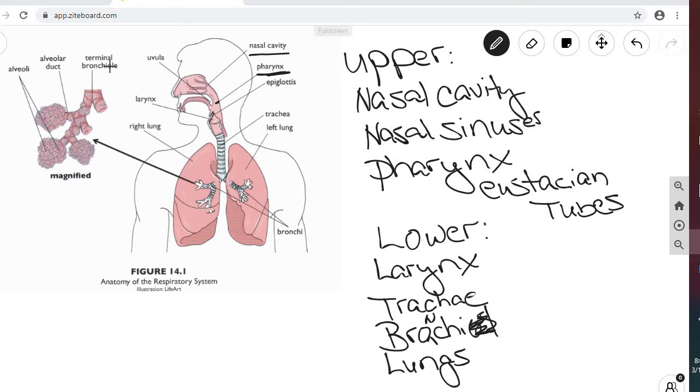And you've probably all experienced that unequal pressure when you go up a mountain or in an airplane. When the atmospheric pressure is greater than the pressure in the inner ear, then you get that pain. Well, the openings to the eustachian tube, which is near the pharynx, help to make sure that that pressure stays equal.